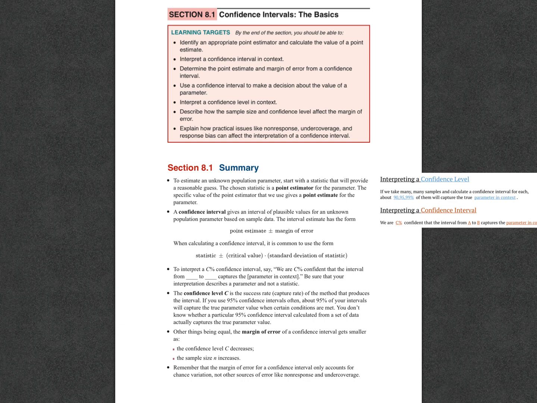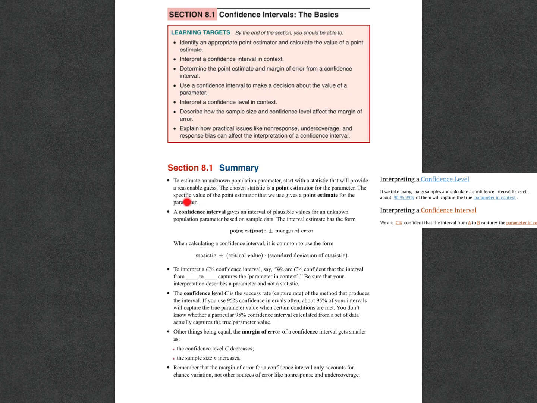So, okay, just real quick, going over the summary for 8.1. Just this idea of a point estimator. When they say a point estimator for a parameter, it's just some value from a sample, which is a statistic, that we'll use to estimate the parameter.